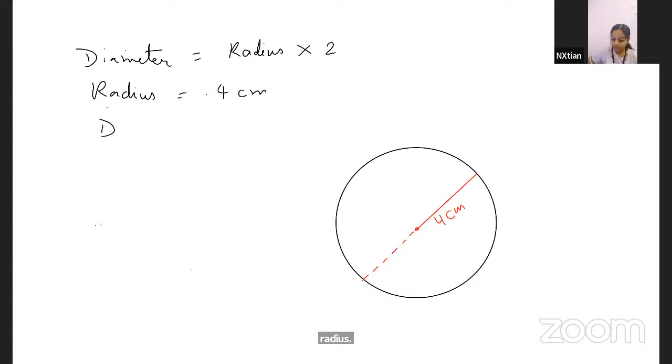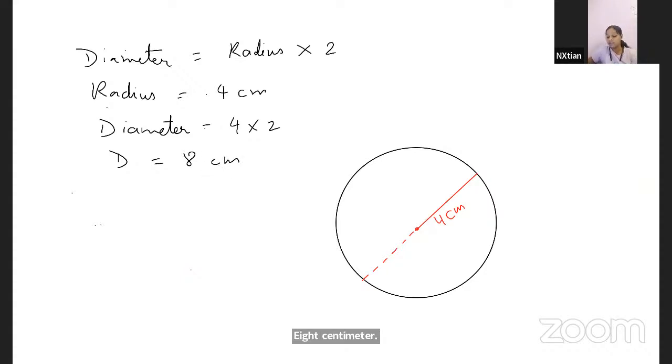Diameter will be 4 into 2. So diameter is 8 centimeter. So this part is 4 centimeter, but this full thing, I have found out that it is 8 centimeter.